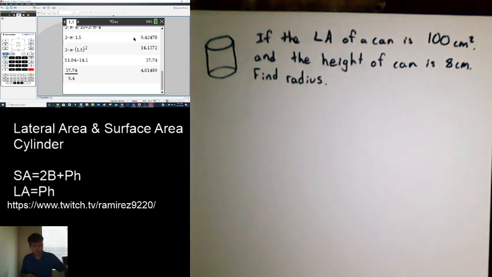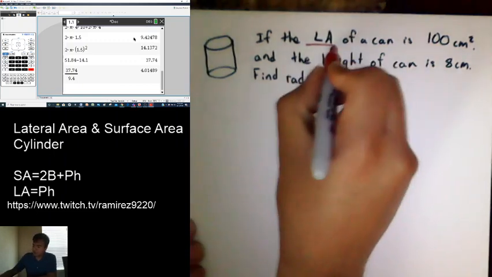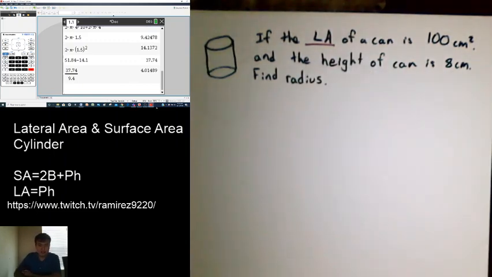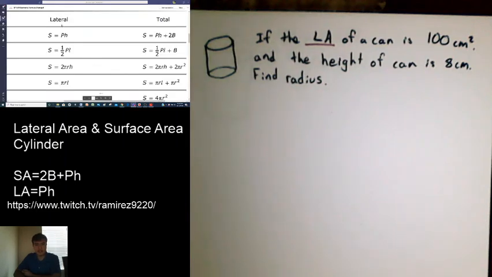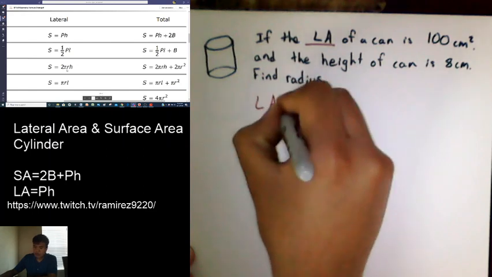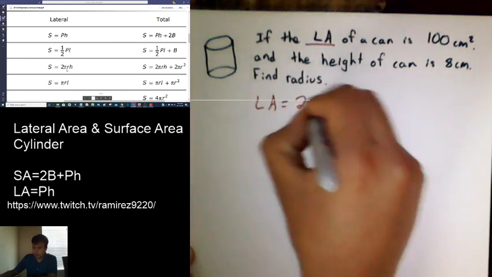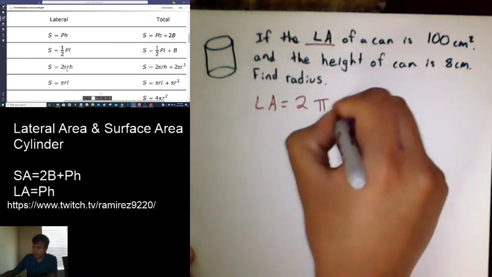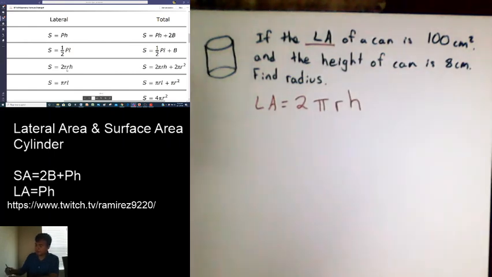So we have here a problem where they're saying if the lateral area of a can. Again, they're telling you that the equation you have to use is that of lateral area. According to our formula sheet, lateral area is 2 times pi times your radius times your height.